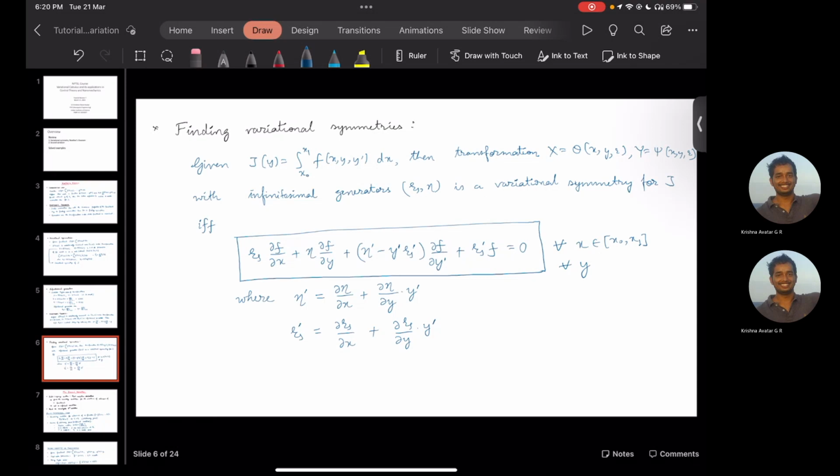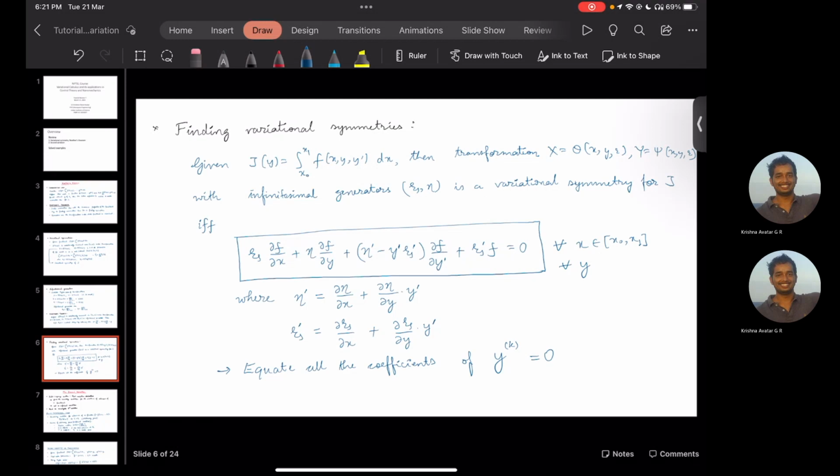So what we do is we'll have an expression in terms of the higher order derivatives of y, and then we have to equate it to 0. Essentially we'll equate all the coefficients of the kth derivative of y to 0.